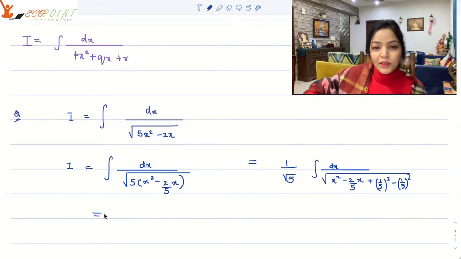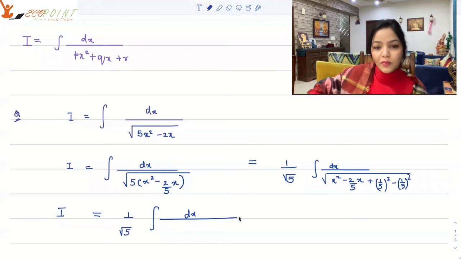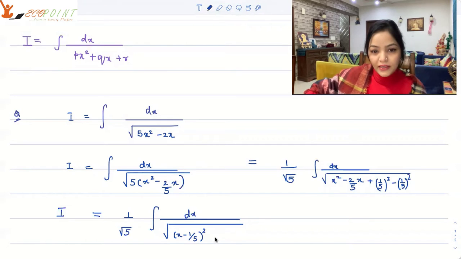So this gives me that I becomes 1 upon root 5 integral dx upon square root of x minus 1 by 5 whole square minus 1 by 5 whole square.